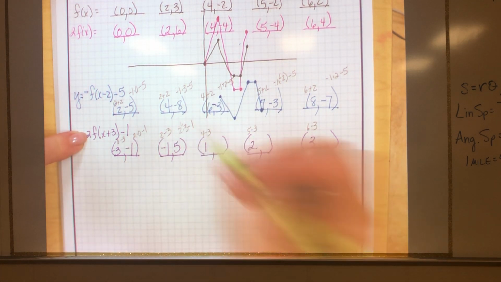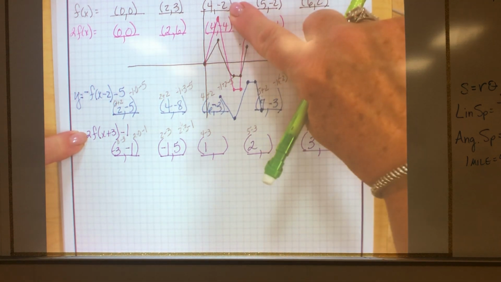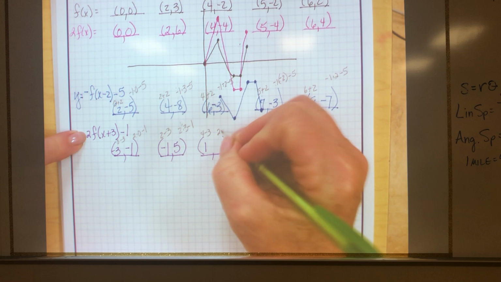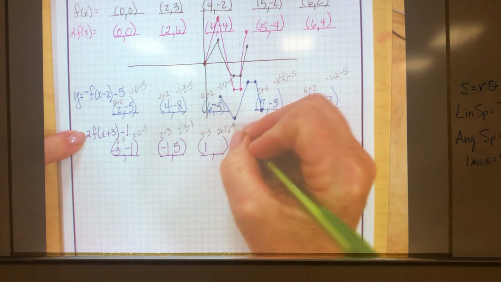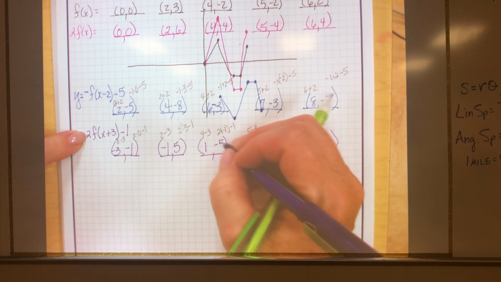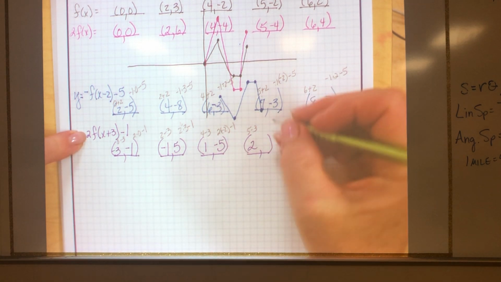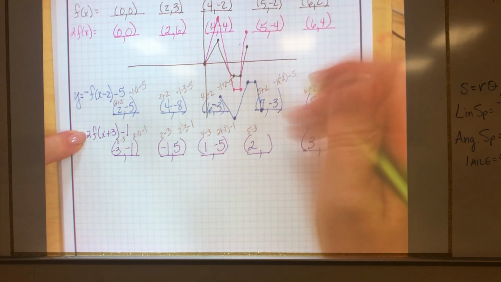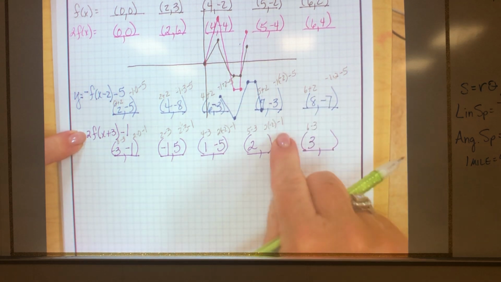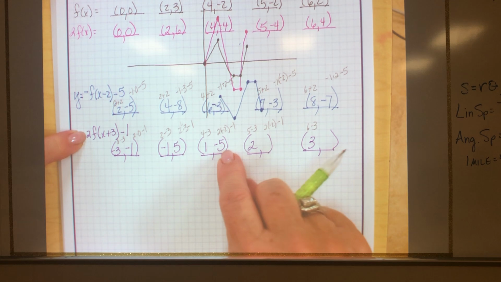All right, we already did that one, so let's do this one. I'm on the third one. So I'm going to go 2 times negative 2 and then minus 1. Negative 4 minus 1 is, yep, negative 5. And here I'm going to do this y, so I'm going to go 2 times negative 2 minus 1. I go ahead and do this one because it's a check for this guy, okay?